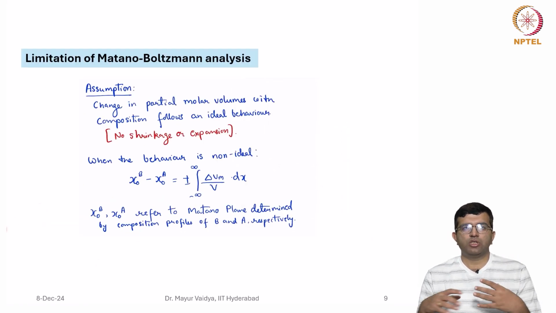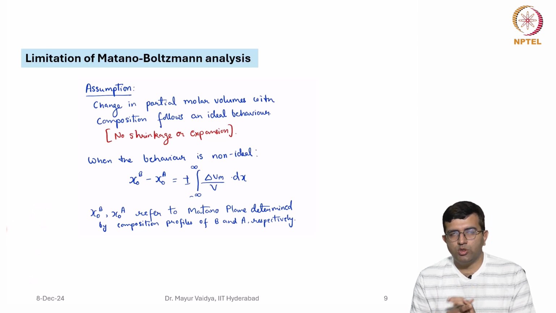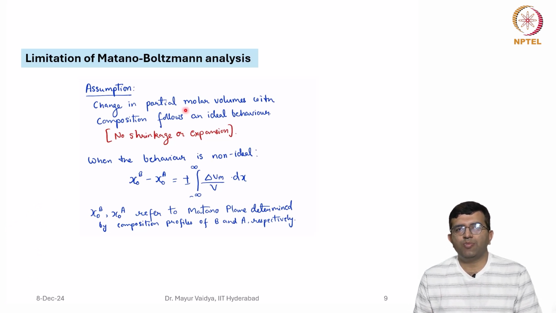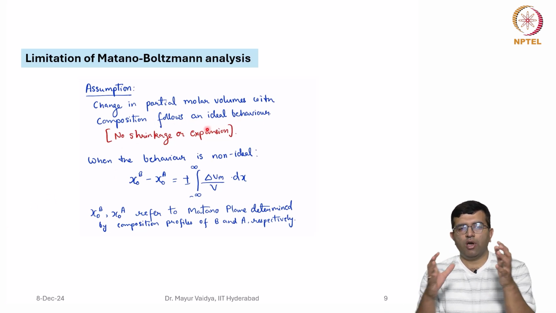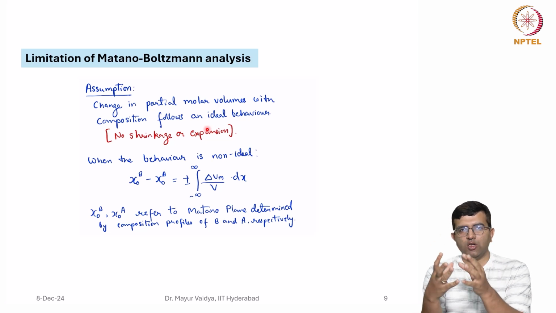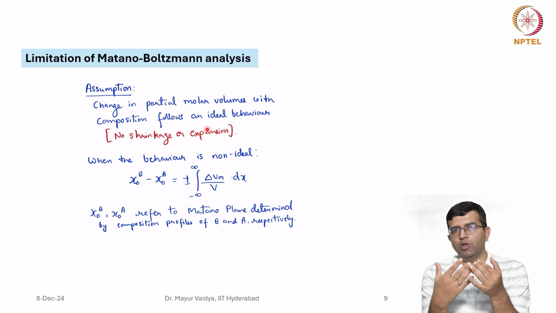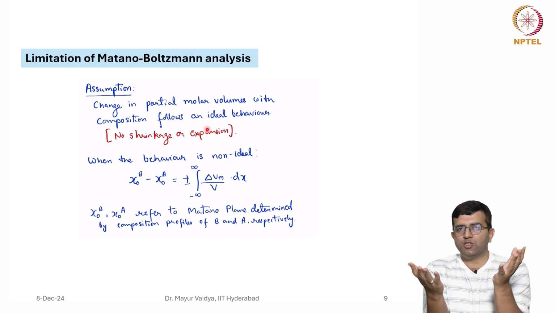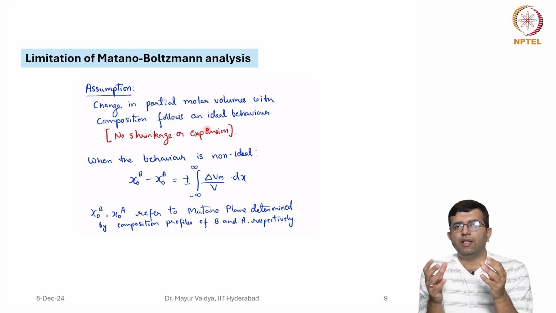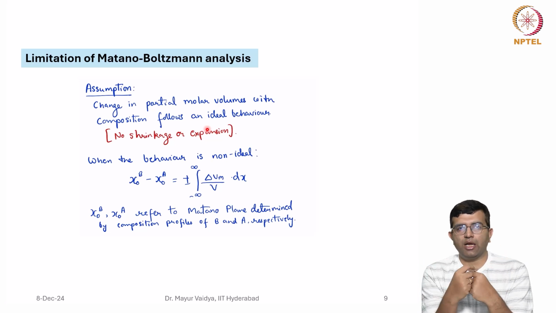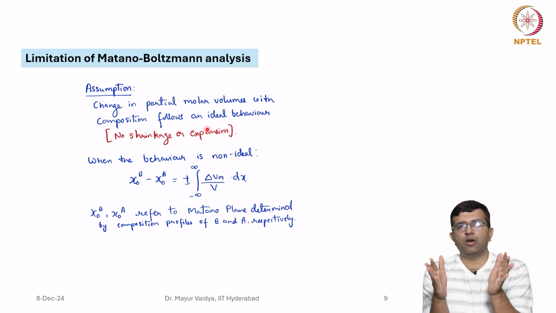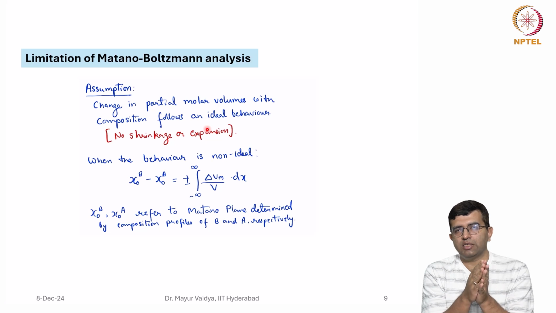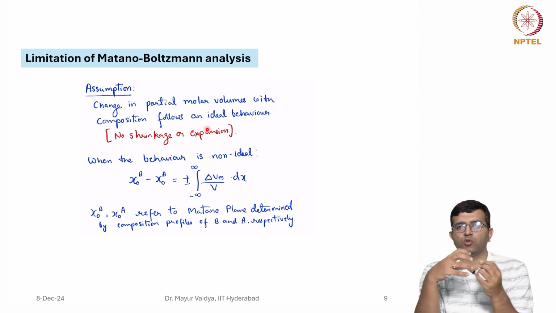One important assumption that is made in the Matano-Boltzmann analysis is that the change in partial molar volume with composition is assumed to follow an ideal behavior. That means you have A and B, they will start diffusing into each other, and there will be a change in the volume as B and A intermix. Now, if there is an ideal solid solution kind of behavior, then because there is no preferred interaction, it will simply follow an ideal increase in the volume according to Vegard's law.